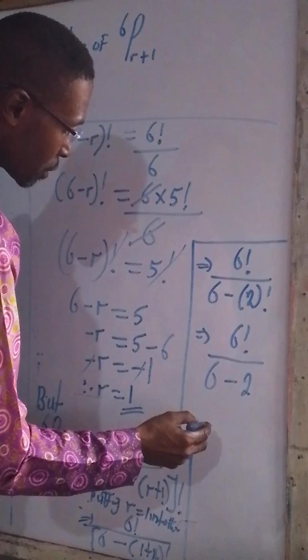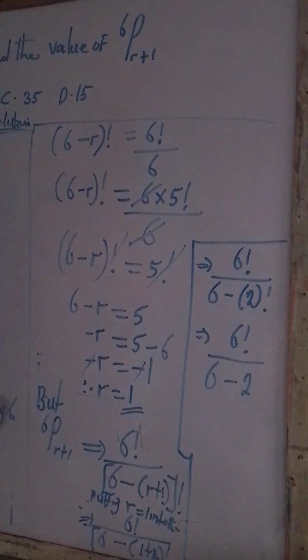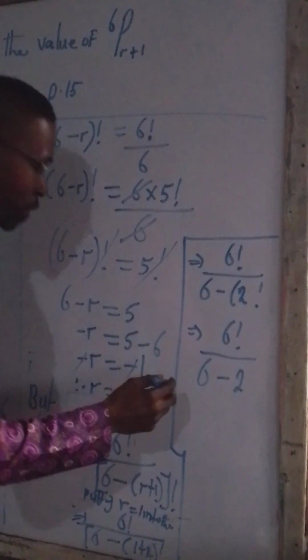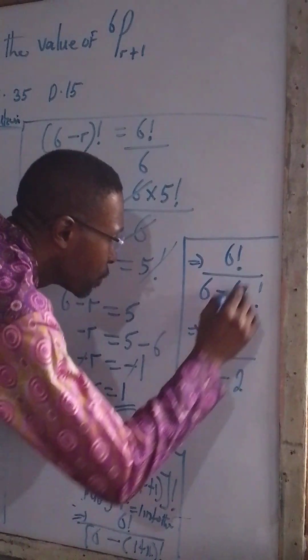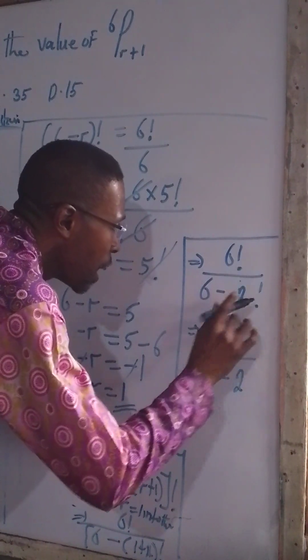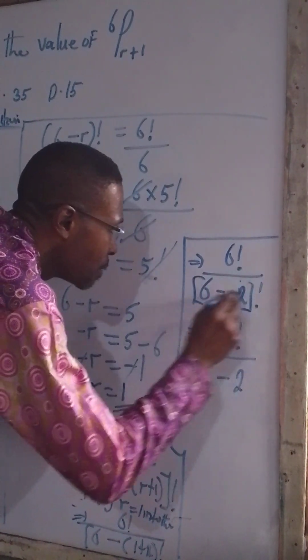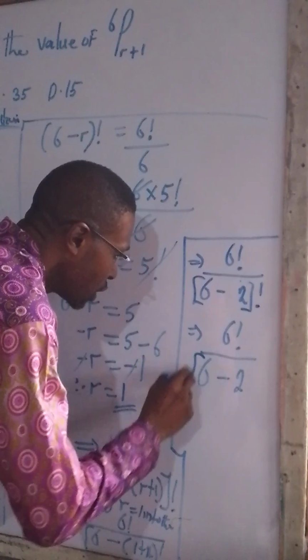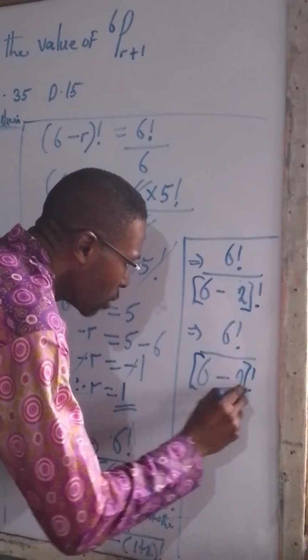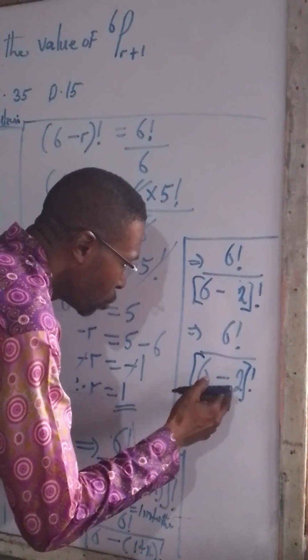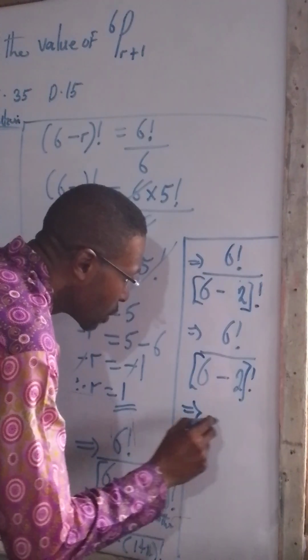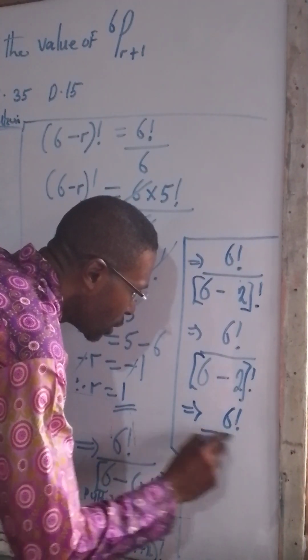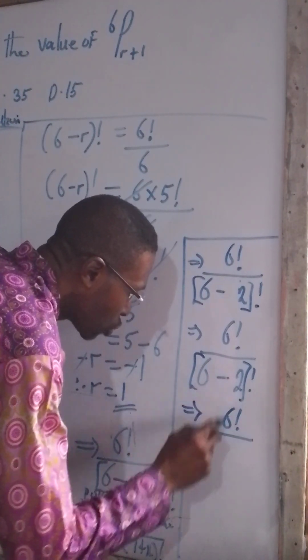Are you with me? Then we have 6 factorial divided by 6 minus 2, which is 4 factorial.